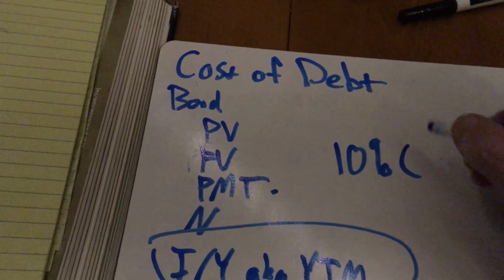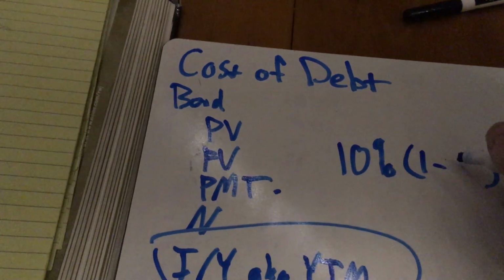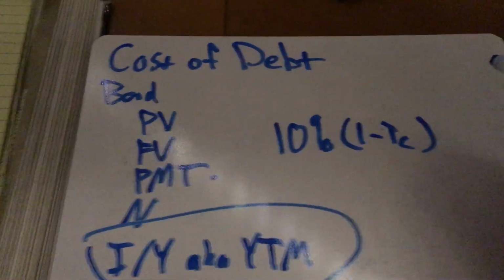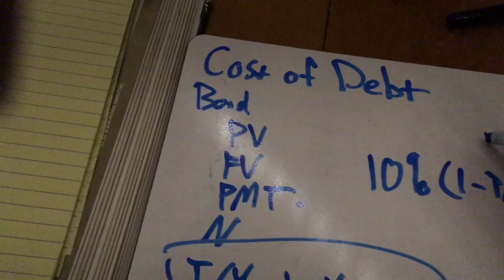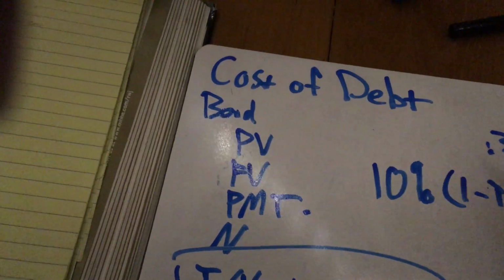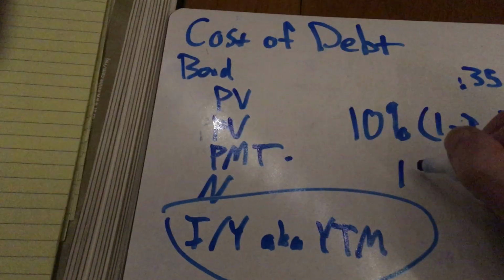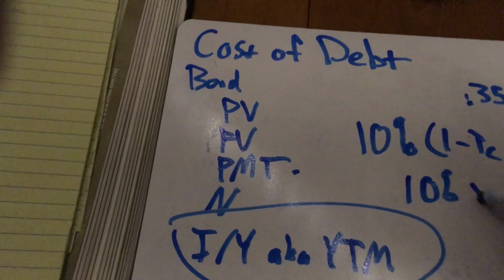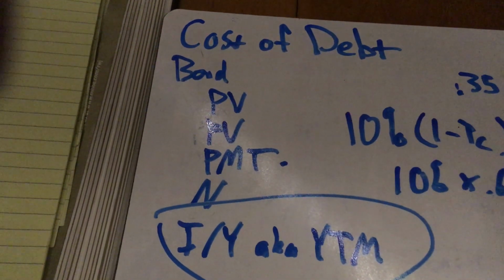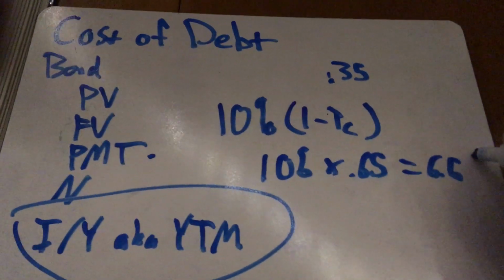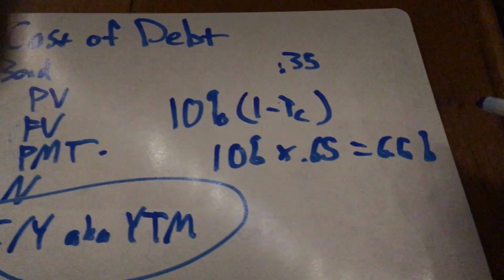So the tax effect of debt is that you multiply it by 1 minus the tax rate. And we're saying that TC is the tax rate. So if the tax rate is 0.35, then you're multiplying 10% times 0.65, which equals 6.5%.